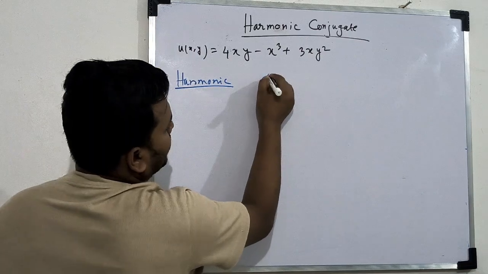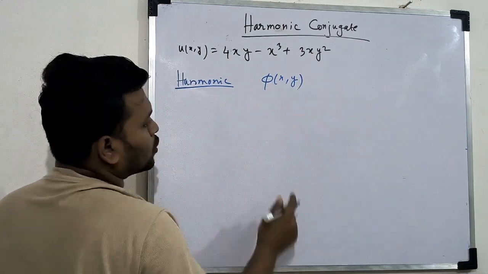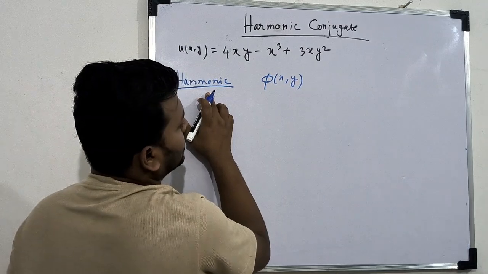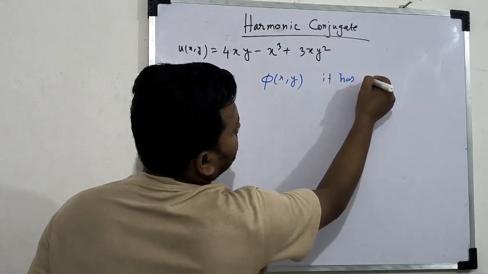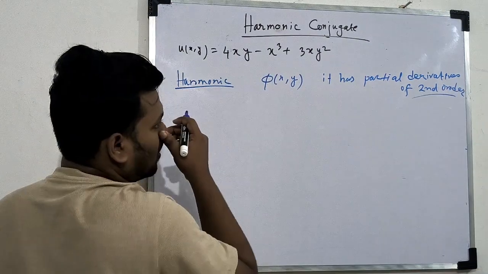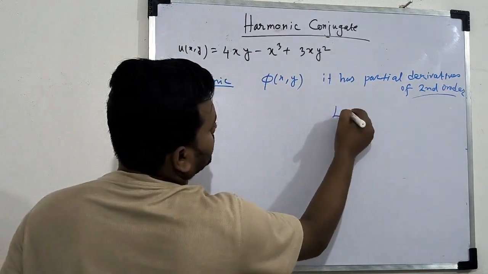A real valued function of two variables x, y, phi of x, y, is called a harmonic function if it has partial derivatives of second order and it satisfies the Laplace equation.